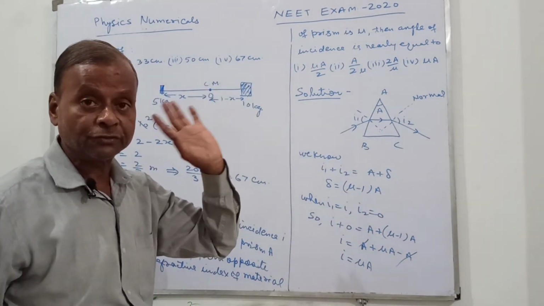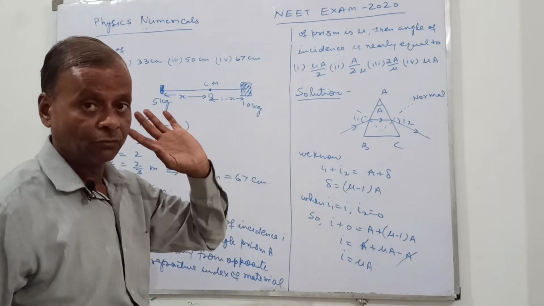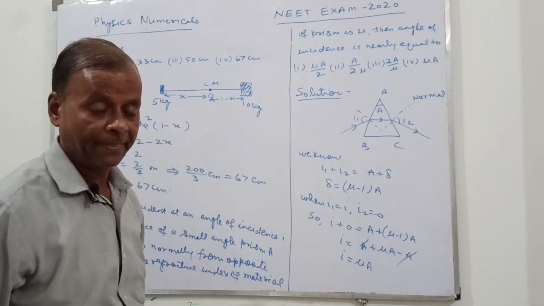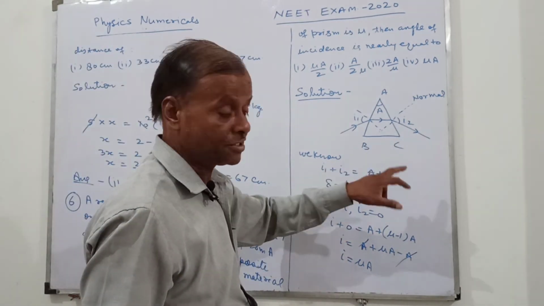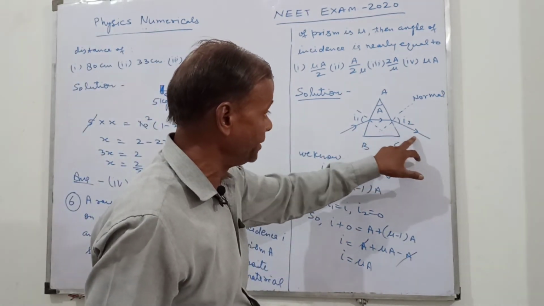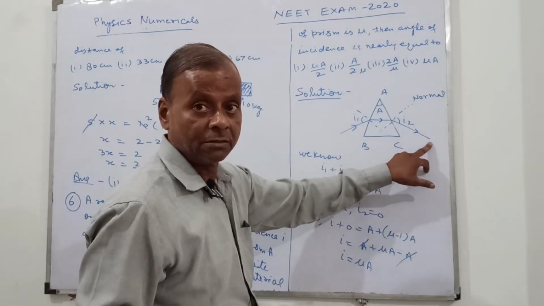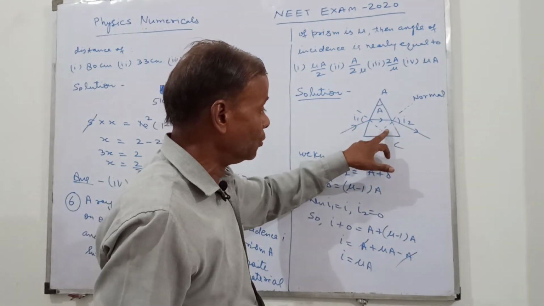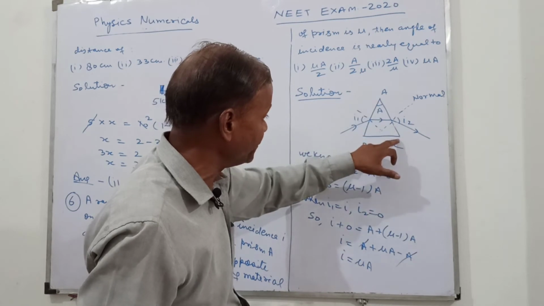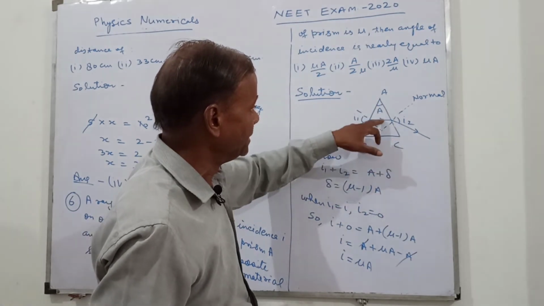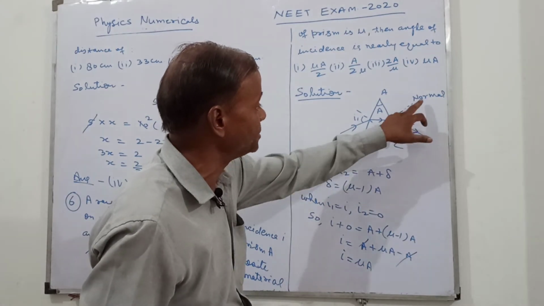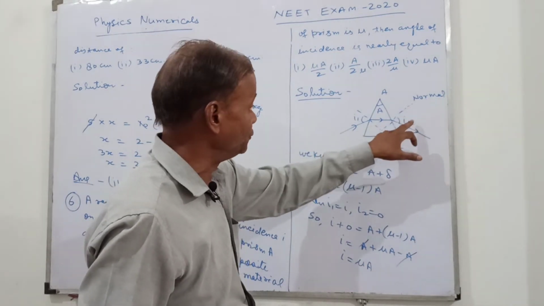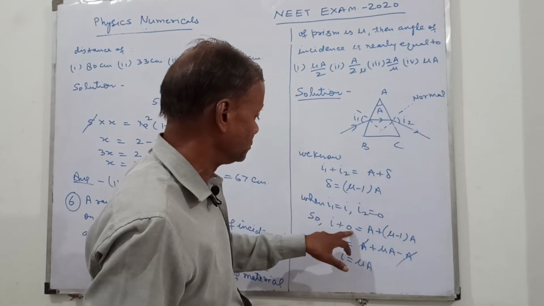So read the question very carefully to see where the ray is going, and always remember that in the question it is given that the ray emerges normally to the surface. Then its normal will be in this direction, so this ray is going in this direction, so I2 is equal to 0.